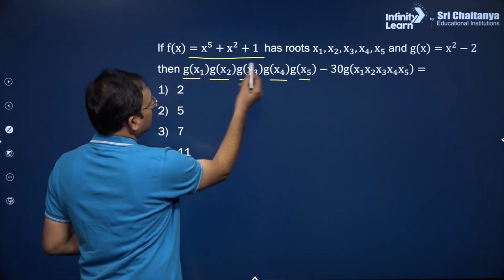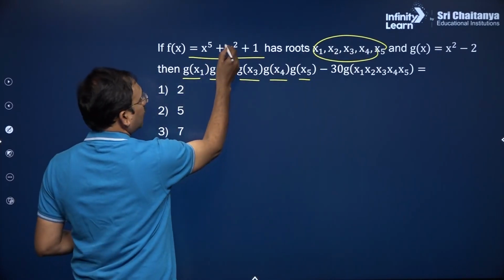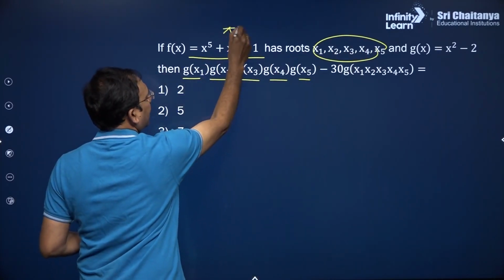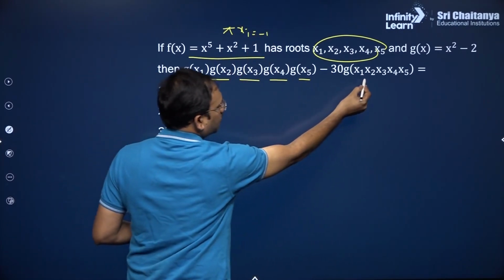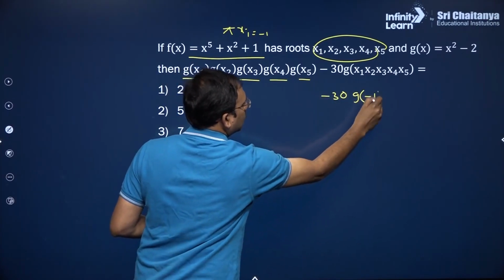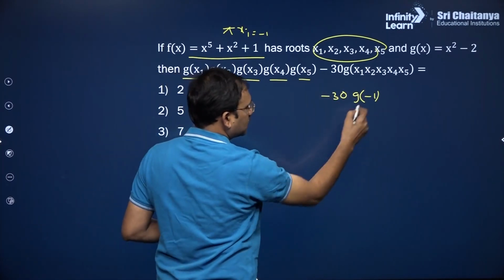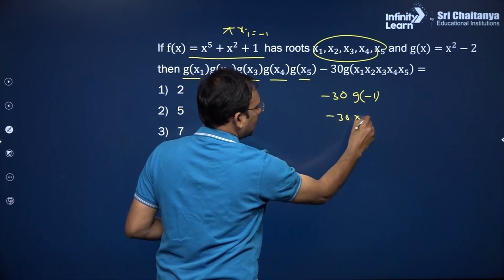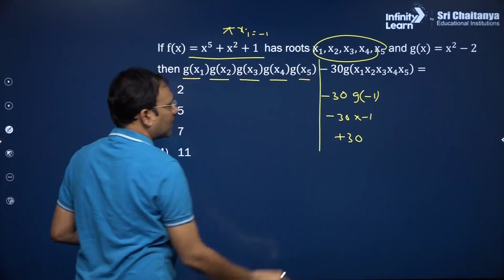Since these 5 are the roots of this degree 5 equation, the product of the roots, that is product of xi, is going to be minus 1. So if you put minus 1 here, this part will become 30 into g of minus 1. g of minus 1 is 1 minus 2 is minus 1, that is minus 30 into minus 1, which becomes plus 30. So this part is very clear.